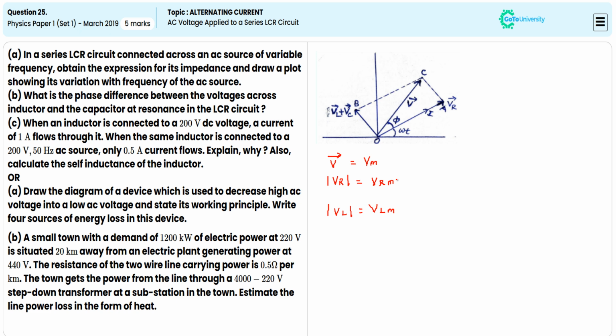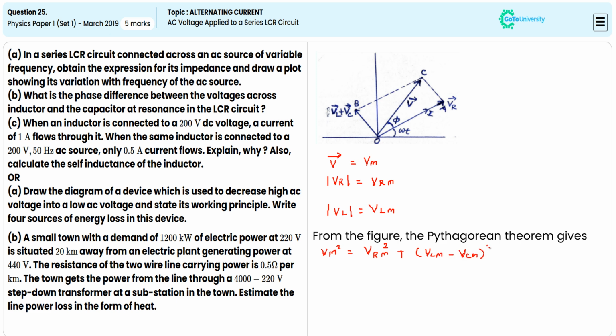Then from the figure, the Pythagorean theorem gives Vm square is equal to Vrm square plus (Vlm minus Vcm) whole square.